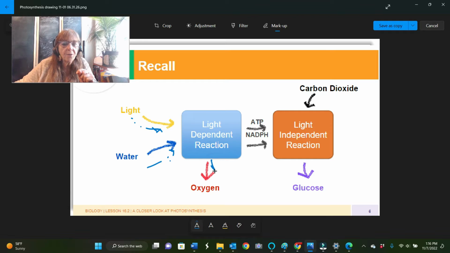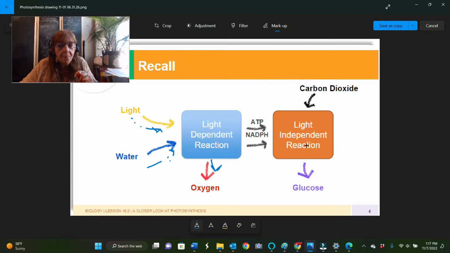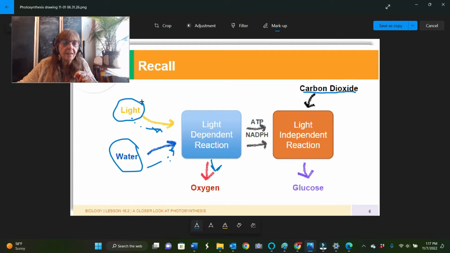And here we are throwing the oxygen away. And remember, in our bowl, it's going to make ATP and NADPH. That's going to go into the bowl in the light-independent reaction, which is going to make glucose. But remember, we also have to add this reactant, carbon dioxide. So here's a reactant, here's a reactant, here's a reactant.